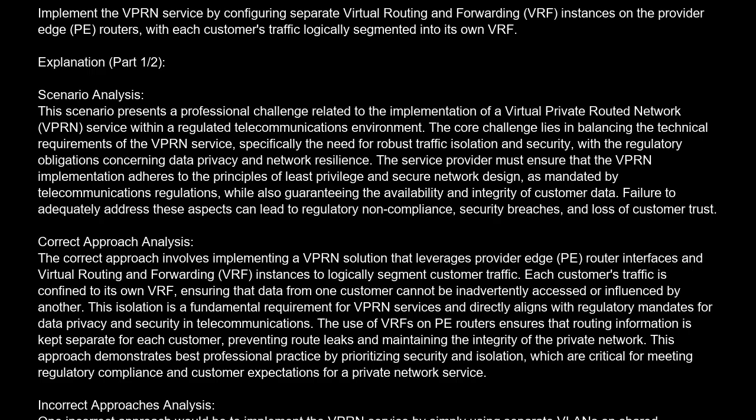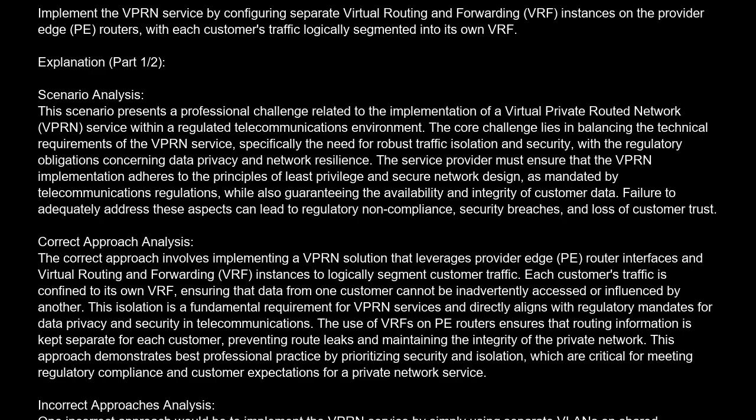The service provider must ensure that the VPRN implementation adheres to the principles of least privilege and secure network design, as mandated by telecommunications regulations, while also guaranteeing the availability and integrity of customer data. Failure to adequately address these aspects can lead to regulatory noncompliance, security breaches, and loss of customer trust.